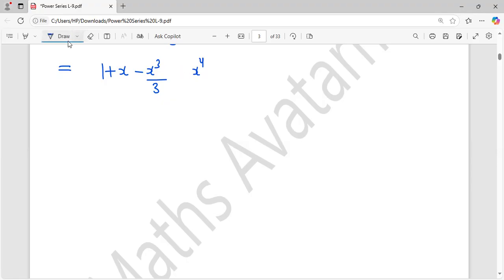After solving it, you will get this one. So this is the answer. Okay.